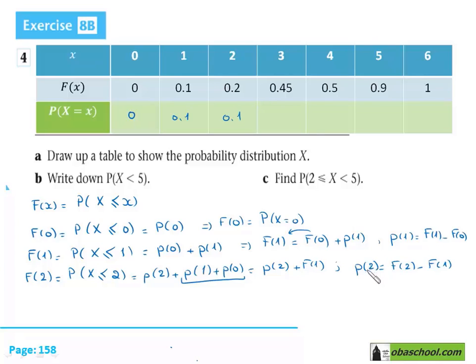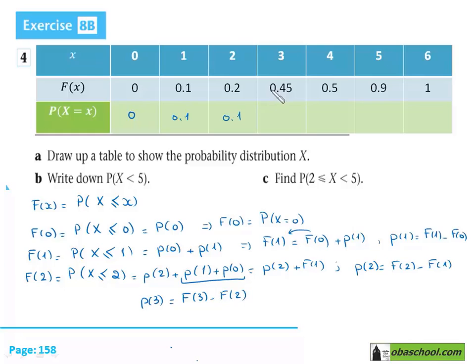Now we have a general rule. Notice that whenever you calculate a value, it is the F of the value minus the cumulative function of the value before it. So the probability for 3 is the cumulative function of 3 minus the cumulative function for the value exactly before it, which is 2. This is our general rule.